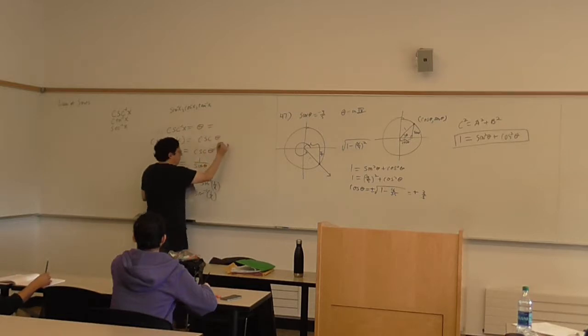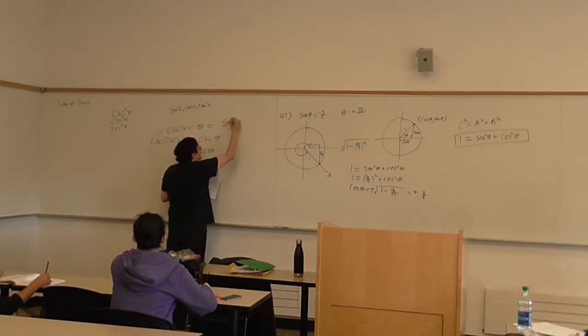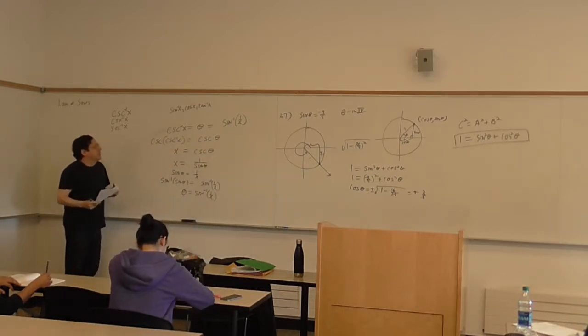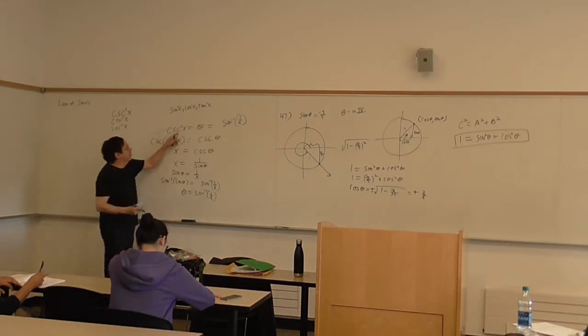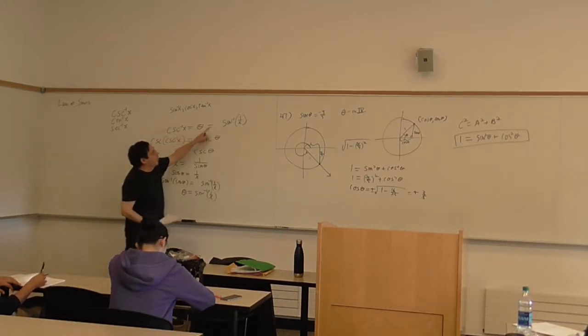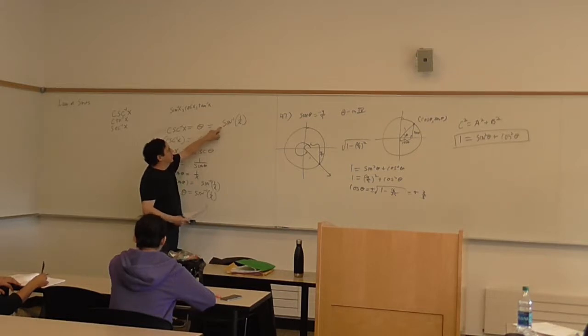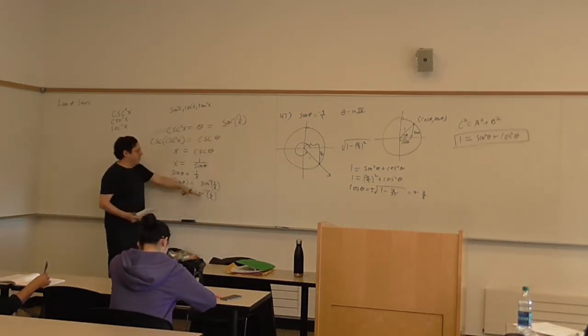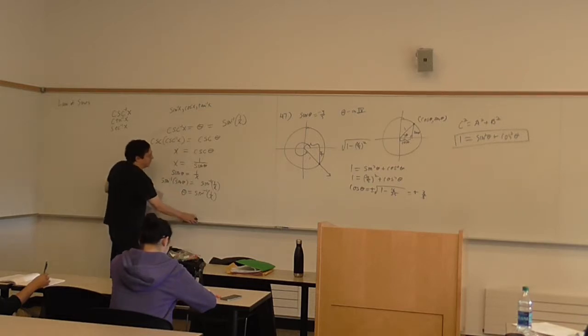So we know right away this is the inverse sine of 1 over x. All right, so the inverse cosecant of x is not 1 over the inverse sine of x. It's the inverse sine of 1 over x. This is how we can find it out.